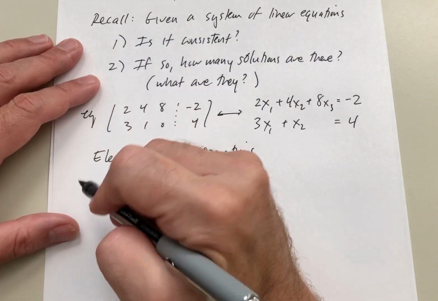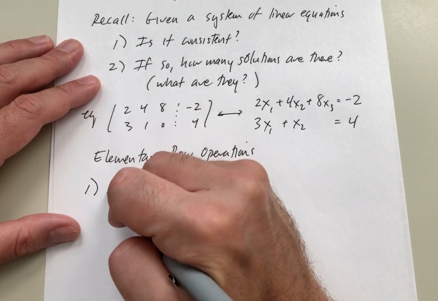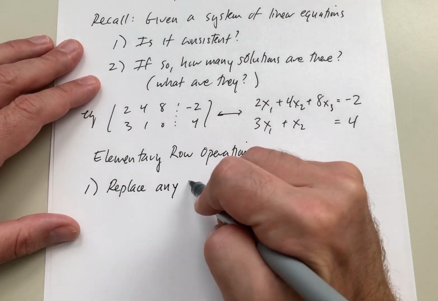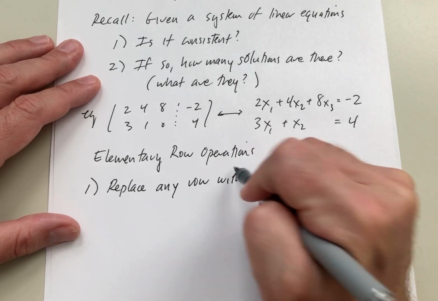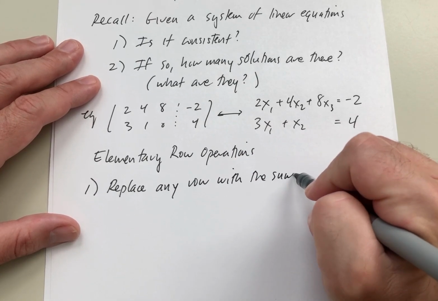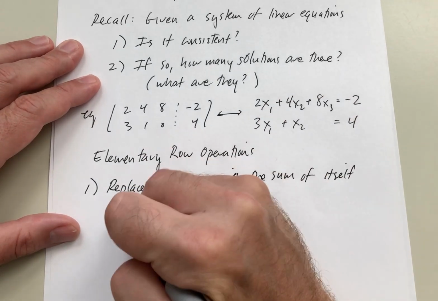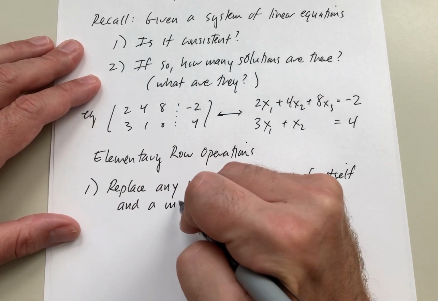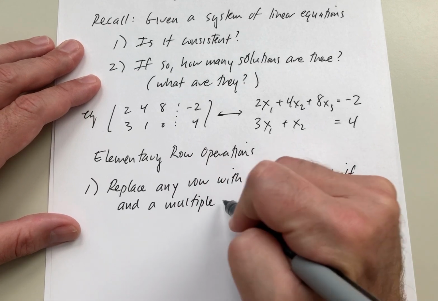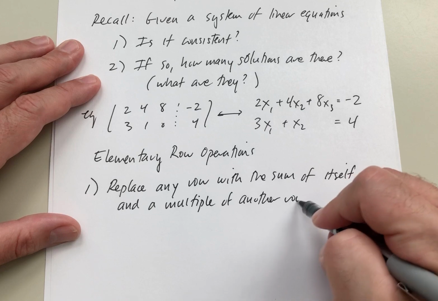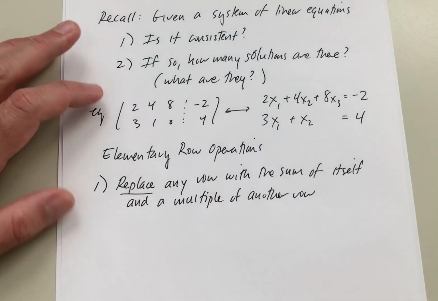There are 3 flavors. The first one, maybe the most important, is that you can replace any row with the sum of itself and a multiple of another row. Let me call that the replace.